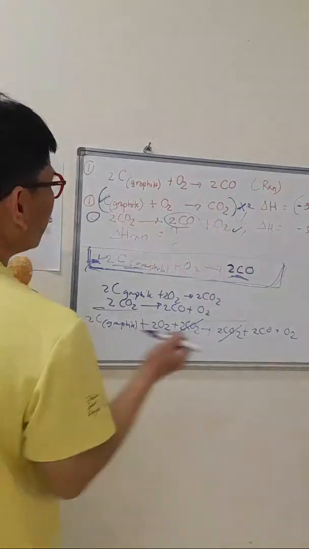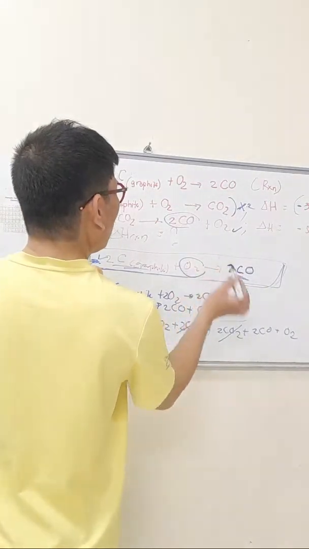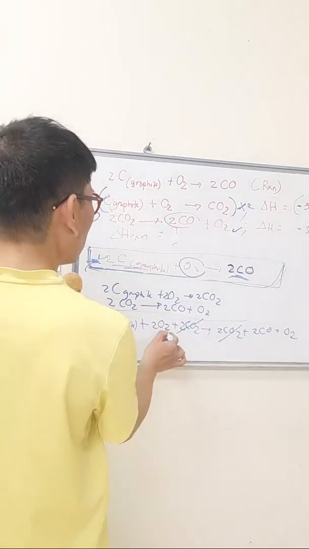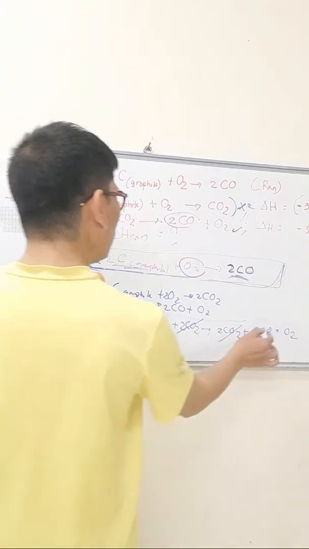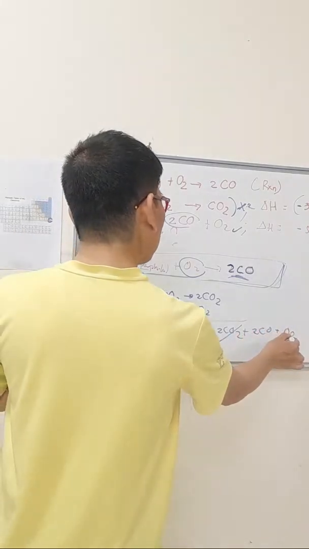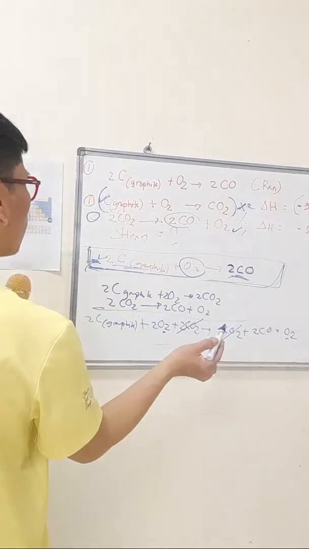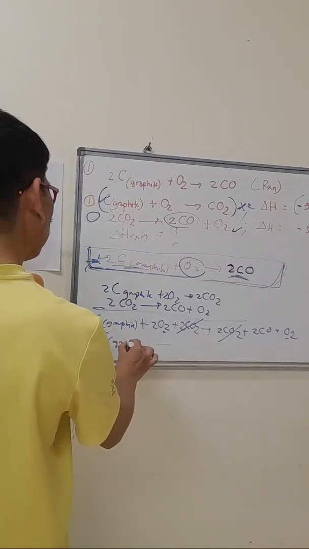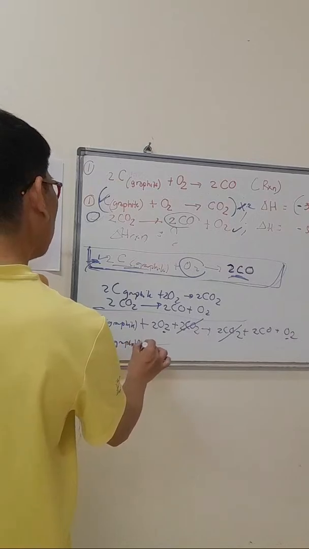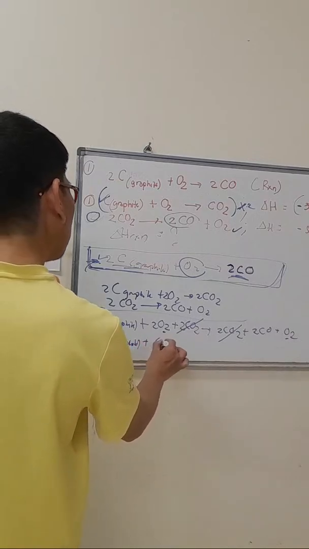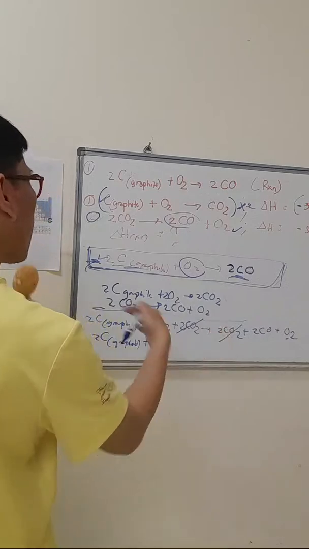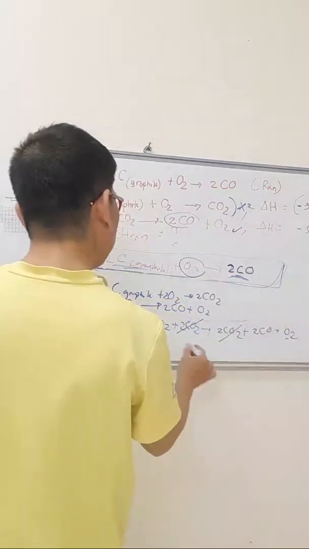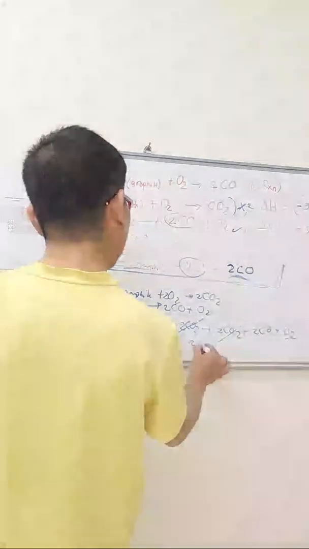Now here, 1 mole of oxygen gas is in the reactant. If you subtract 2 moles of oxygen gas in the reactant by 1 mole of oxygen gas in the product, it will become 1 mole of oxygen gas. So let's rewrite that: 2 carbon graphite plus 1 mole of oxygen gas, after subtracting it from 2 moles to 1 mole, then equal to 2 moles of carbon monoxide.